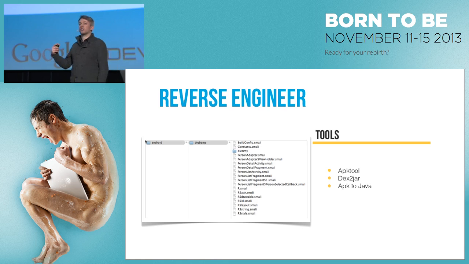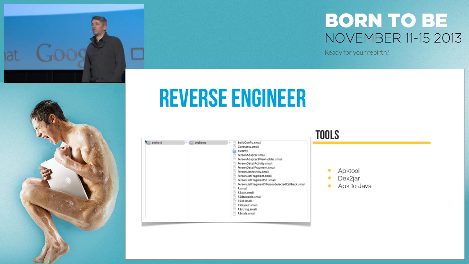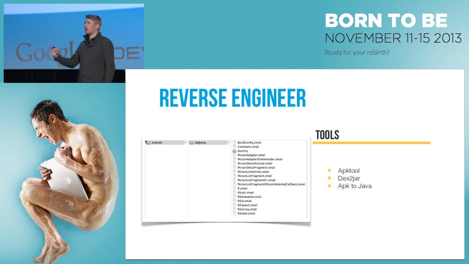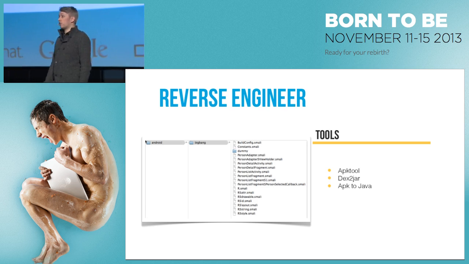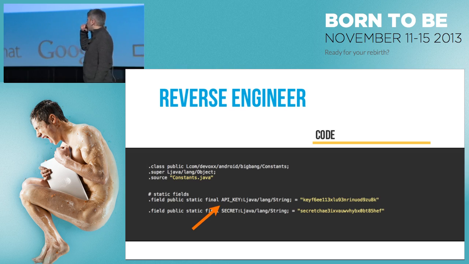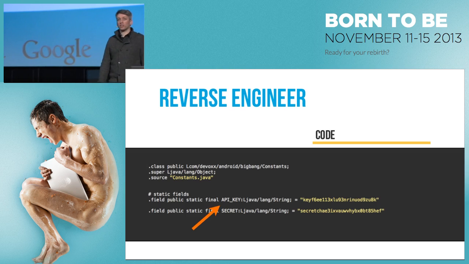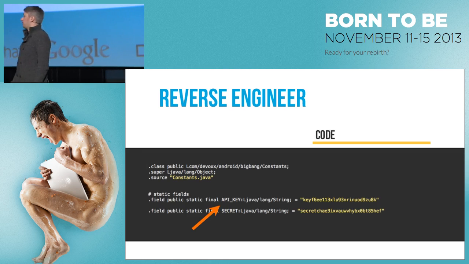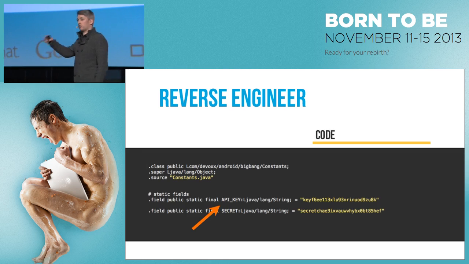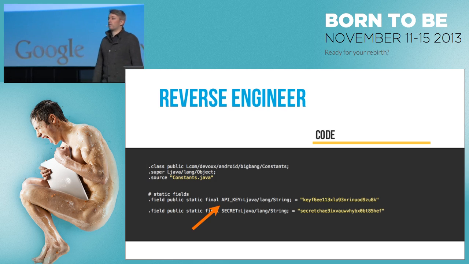Let's say that our application is talking to a backend, and not unlike a lot of REST backends, it might have an API key and a secret. So let's take a look at what we already see. If you take a look in the Constants file, we see that this is already very, very well readable. It's not Java code. We could go a step further and generate Java code from it.